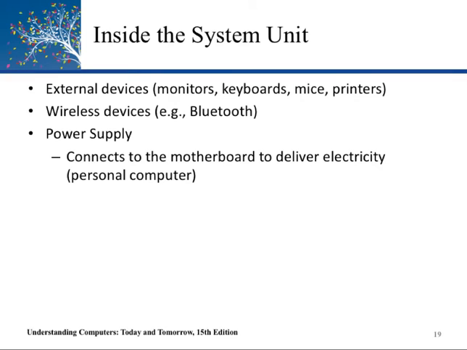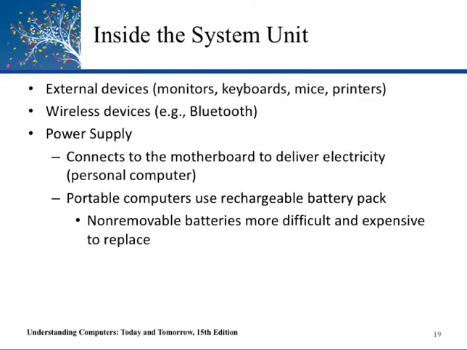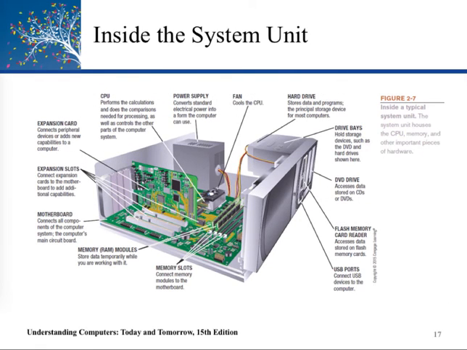Portable computers have a battery, and some are removable, some are not. It really depends on what you have. But if you think about it, there is a lot going on in that little box by your foot, and you may not spend a lot of time thinking about what's in there, but there's quite a bit happening.